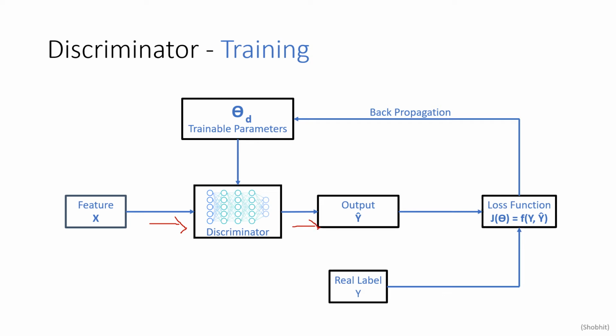Then we give the real labels as well, indicating whether the feature we provided to the discriminator is coming from the generator or from the dataset. After that, the loss, which is J theta, is calculated. After calculating the loss, the error is backpropagated. After the error is backpropagated, all the trainable parameters can change their values according to the loss function.